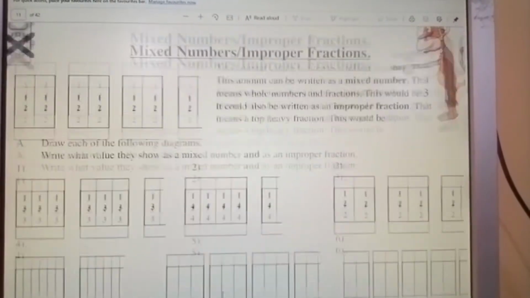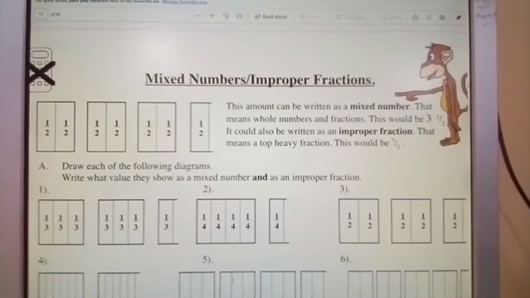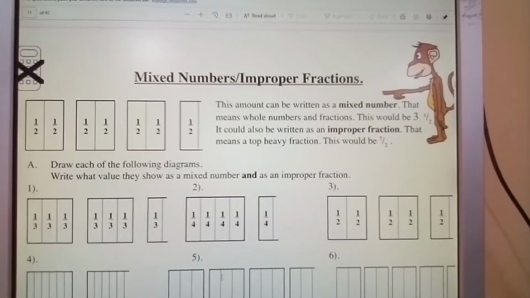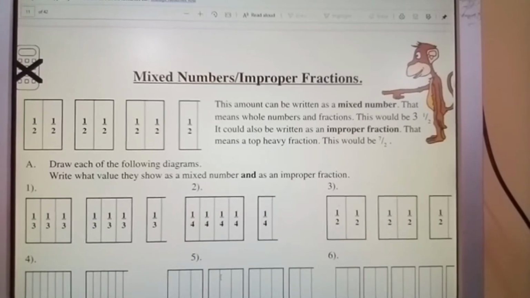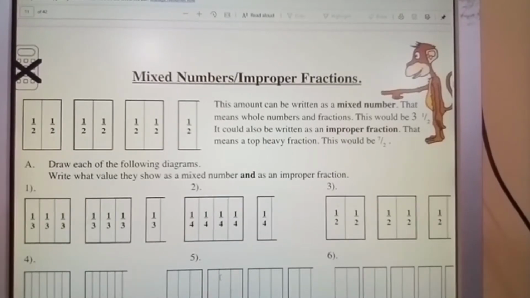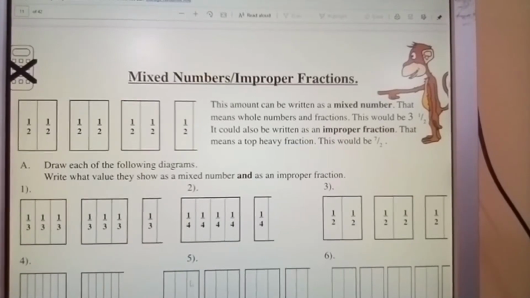Mixed numbers or improper fractions. Okay? So this amount can be written as a mixed number. That means whole numbers and fractions. This would be 3 1/4. It could also be written as an improper fraction. That means a top-heavy fraction. This would be 7/2.